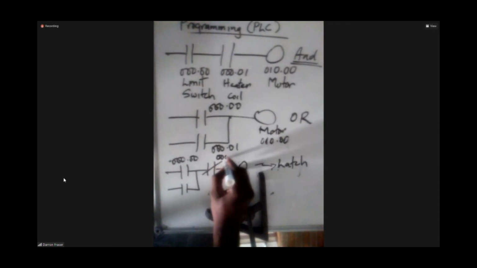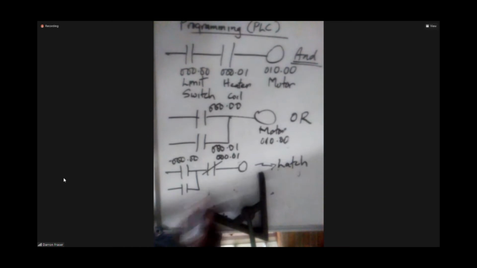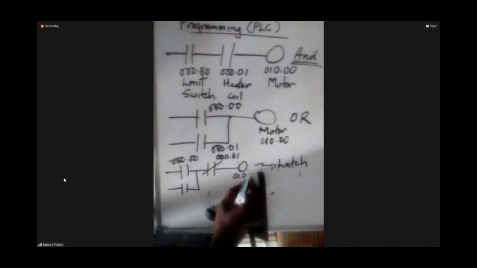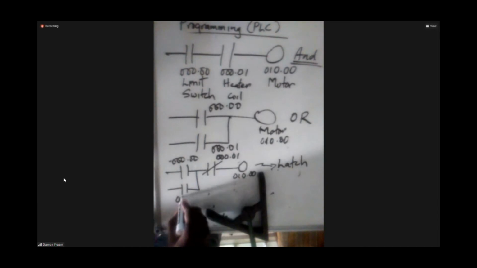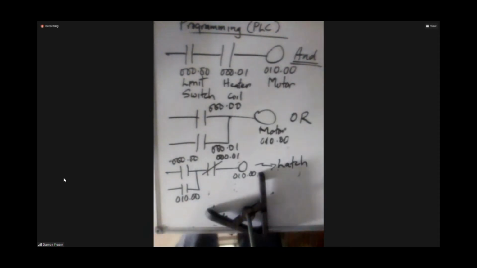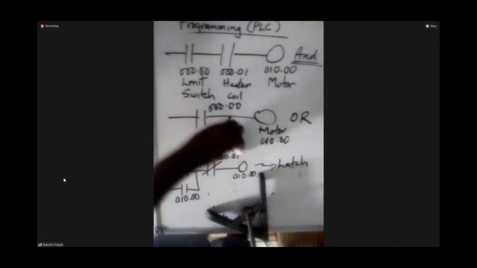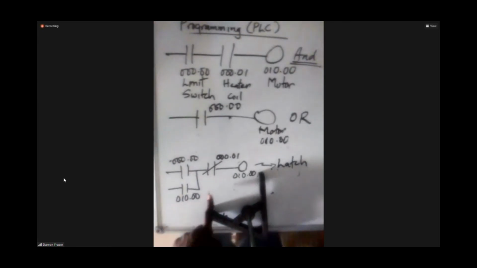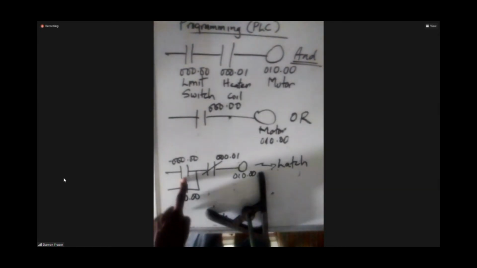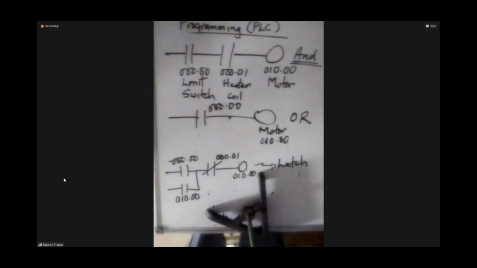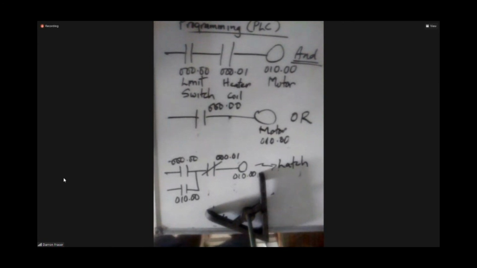This is 000.01. This is 010.00. That's the motor. All right, so this programming construct is called a latch. You would have remembered the word latch when you were doing digital. Or not, it doesn't matter.